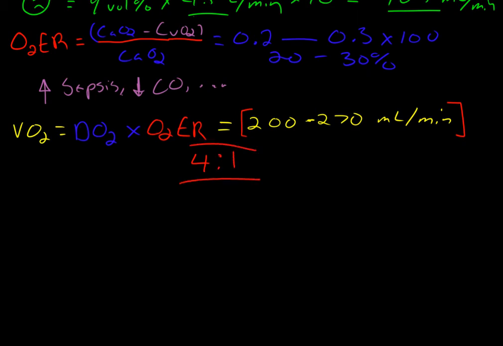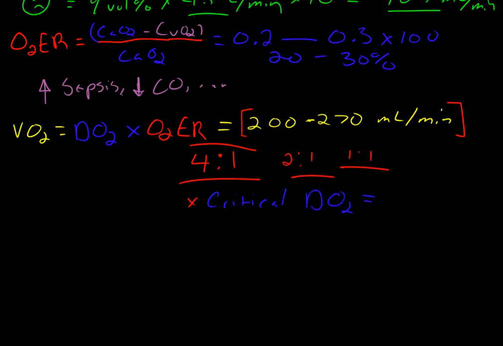So if you're taking care of a sick patient, and you do these calculations and you can see that their DO2 to VO2 ratio is less than 4 to 1, you have a problem there. If you have a 2 to 1 or a 1 to 1, you're getting into an issue. The body's taking up more oxygen, and at some point it becomes supply and demand. We're going to call that supply and demand moment, the relationship between DO2 and VO2, the critical DO2.